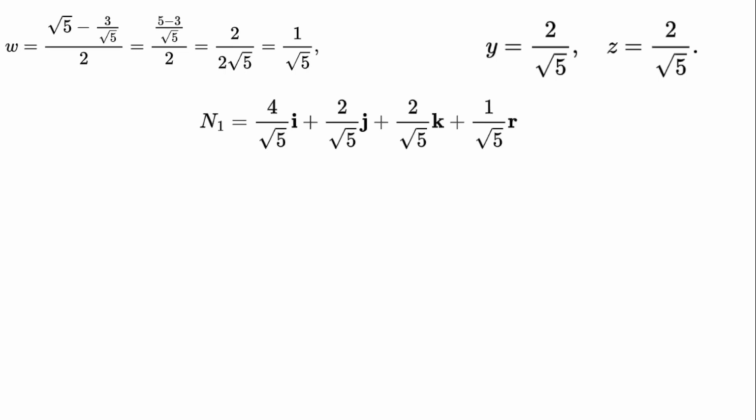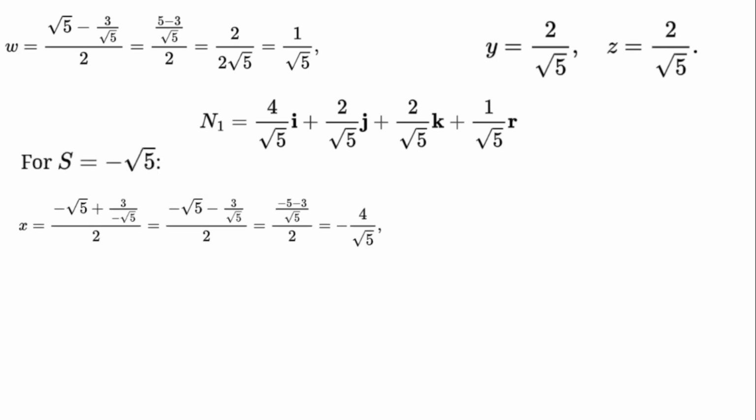For s equals minus square root of 5, x equals minus square root of 5 plus 3 divided by minus square root of 5 divided by 2 equals minus 4 divided by square root of 5. W equals minus square root of 5 minus 3 divided by minus square root of 5 divided by 2 equals minus 1 divided by square root of 5.